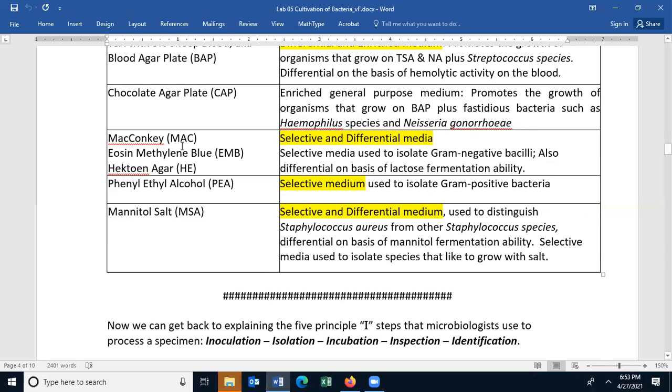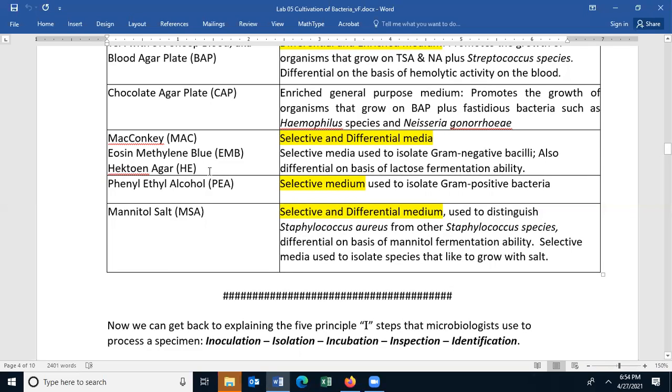We then have a number of selective and differential media. MacConkey's, MAC, eosin methylene blue, EMB, and Hektoen agar, HE, are all selective and differential media. They're selective in that we use them to grow gram-negative bacilli. They select against gram-positives. They're differential on their ability to ferment the sugar lactose, and they'll be a different color depending on whether they ferment lactose or not.